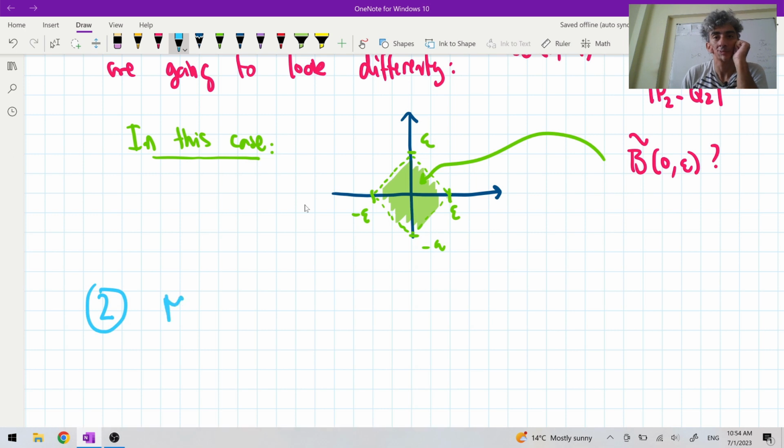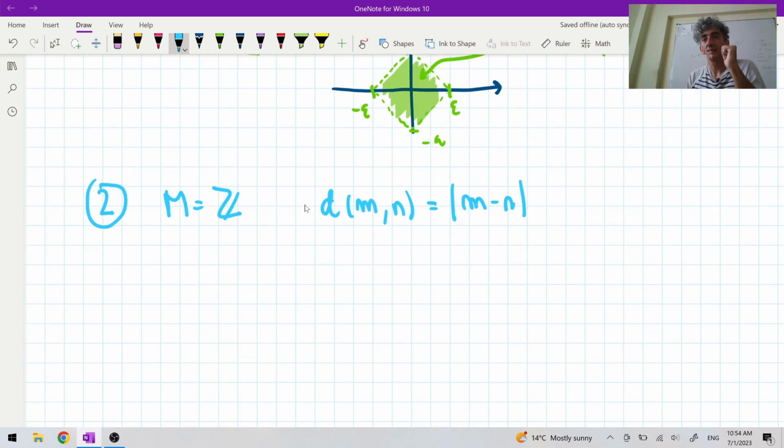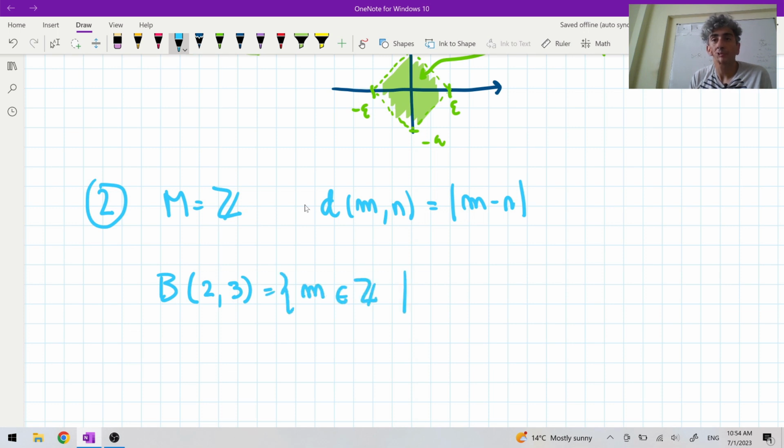Let's take a look at Z and the distance that we talked about as the absolute value of the difference. Okay, so what's going to be, say, the ball centered at 2 of radius 3? This consists of all the integers such that the distance to number 2 is less than 3.